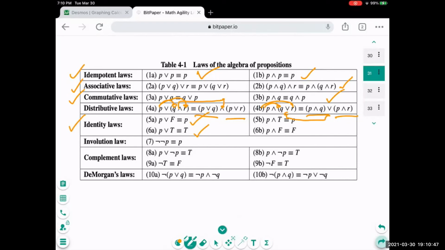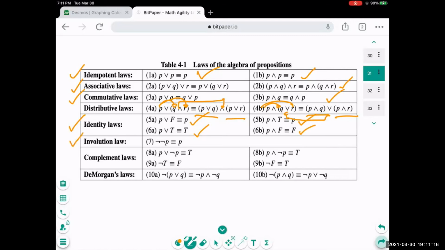And then dun sa 5B, pag kinuha naman natin yung conjunction, of course, since T is parang equivalent siya sa 1, so P pa rin, equivalent pa rin siya sa P, which is this. And then yung 6B, kapag minultiply natin siya or kinonjunction sa P, syempre 0, di ba? So false yung lalabas.